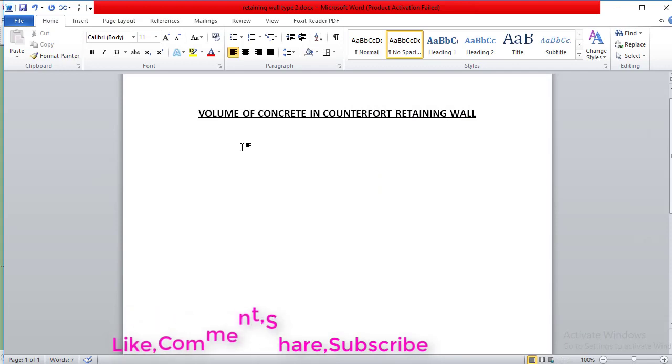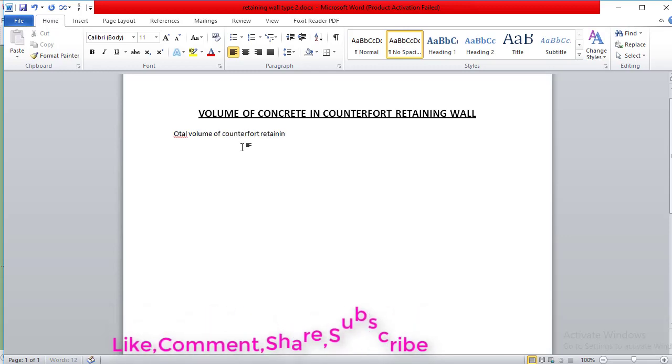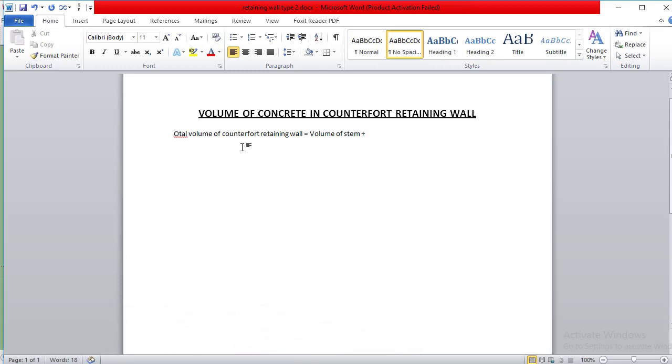So let's do this. First, the total volume of the counterfort retaining wall is equal to the volume of slab plus the volume of stem, and after that we will find out the volume of counterfort buttress.